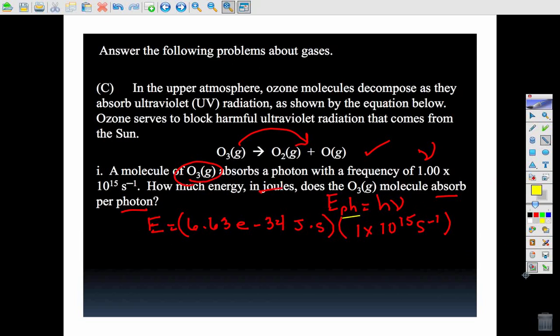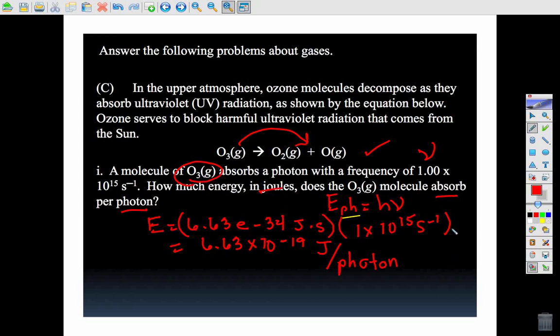Most people aren't going to write it that way. I write it that way just to try to get some points across here. And so my energy of my photon was 6.63 times 10 to the minus 19th joules for every photon. Again, a lot of people would just report that as joules, not joules per photon.